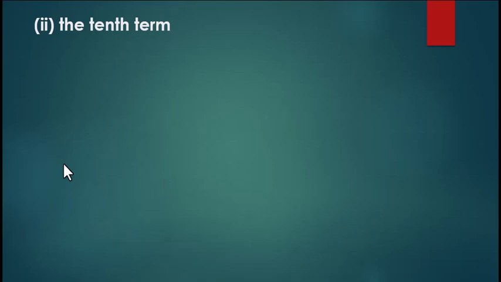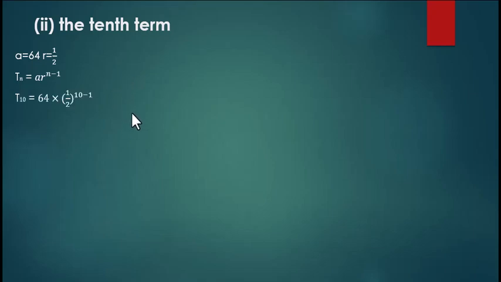The formula for finding the nth term is basically Tn equals a r to the power n minus 1. Our common ratio and our first term we know, so it's just a matter of substituting.